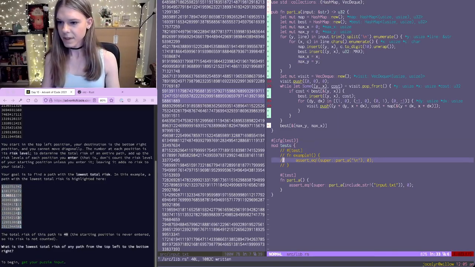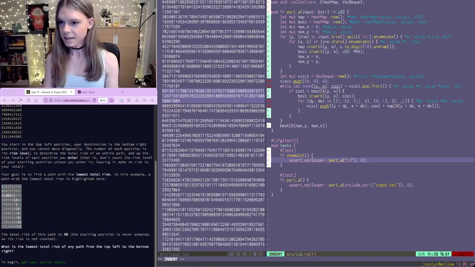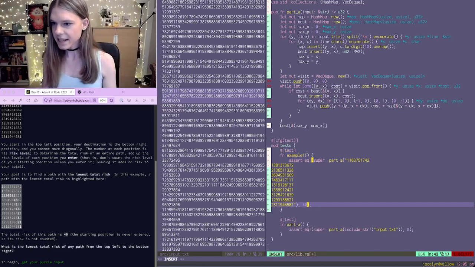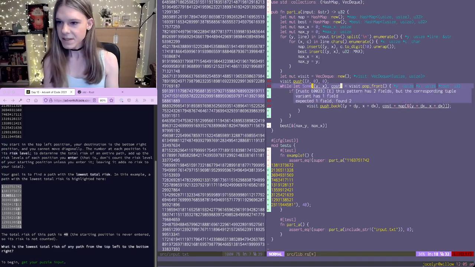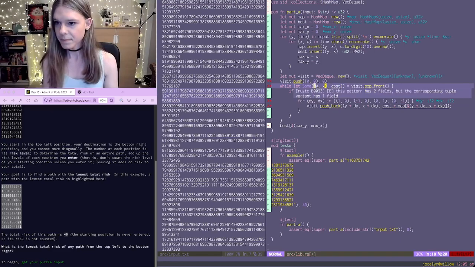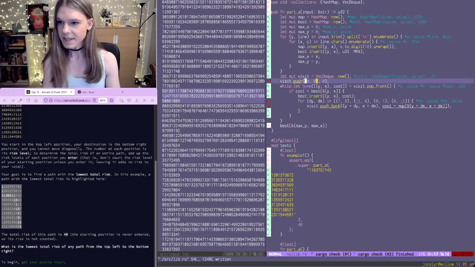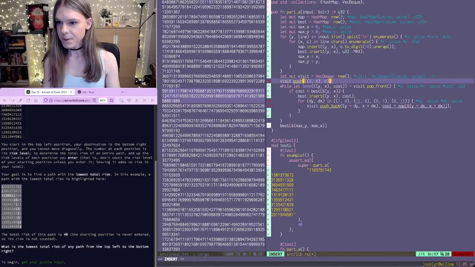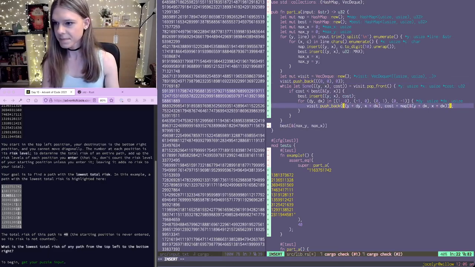That's 40. Push back. Oh yeah, this whole thing's a tuple. This is also a tuple. We want to do push back. And this again is a tuple.